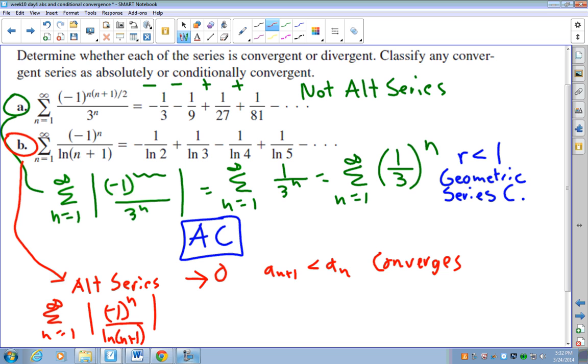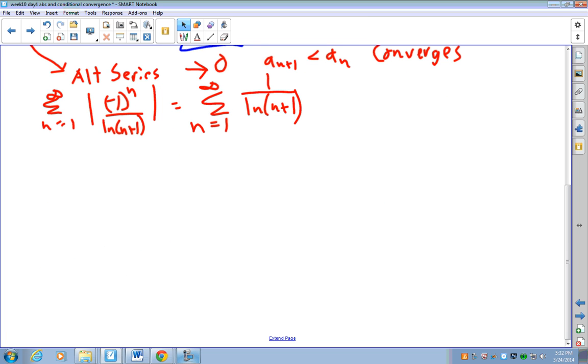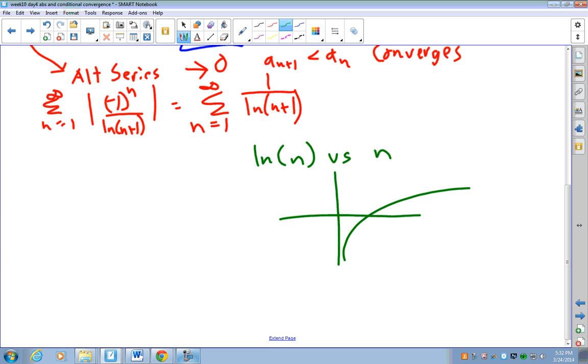Okay? So when I put it in jail, we are really looking at 1 over ln of n plus 1. Now, on this, I want you to first think for a moment of ln of n versus n. When you graph that, there's the ln function, and there's the n function. I know it's n plus 1.